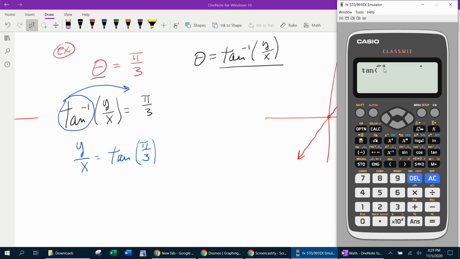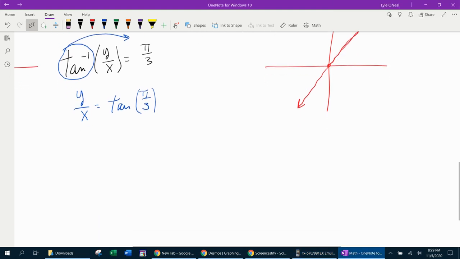And since I don't want to switch to radian mode, pi over 3 is equivalent to 60 degrees. And that's going to be square root of 3, which is approximately 1.7. And I'm going to use the approximate value just for fun, just to illustrate the example here. So we've got y over x, and this value is about 1.7.